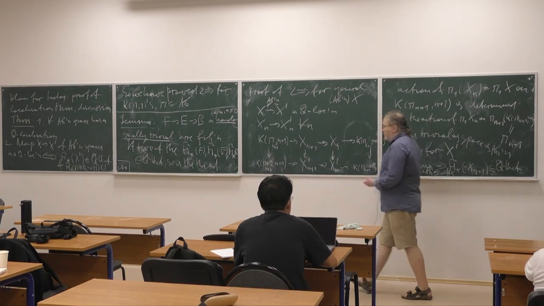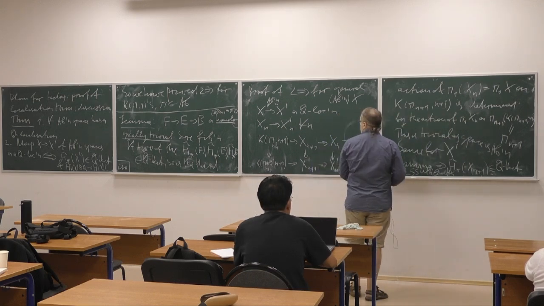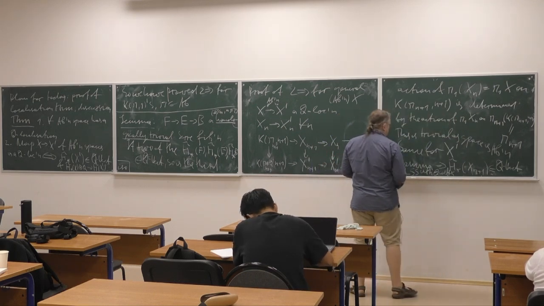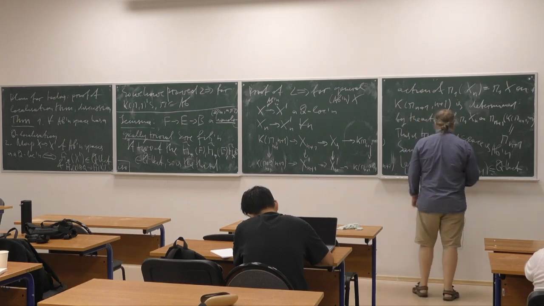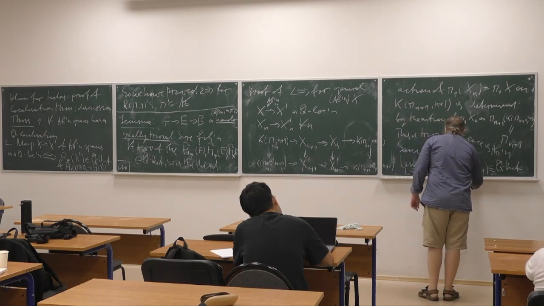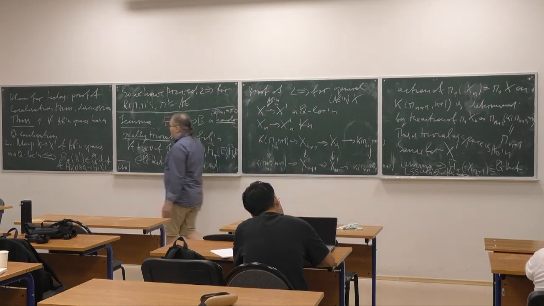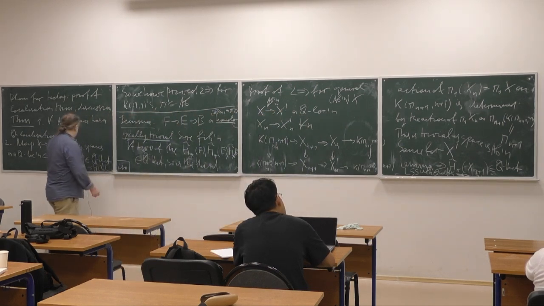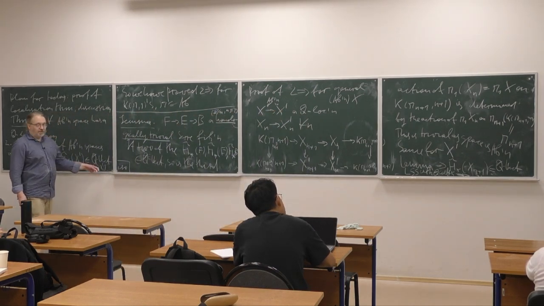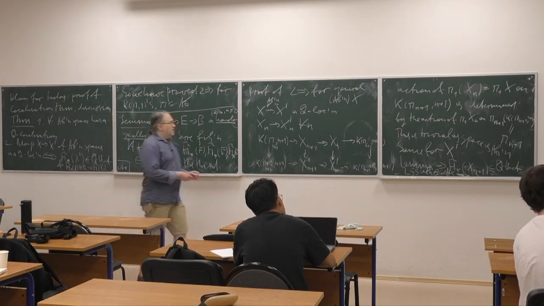And we use the Leray spectral sequence with Q coefficients to conclude that this map is an isomorphism for X_n.